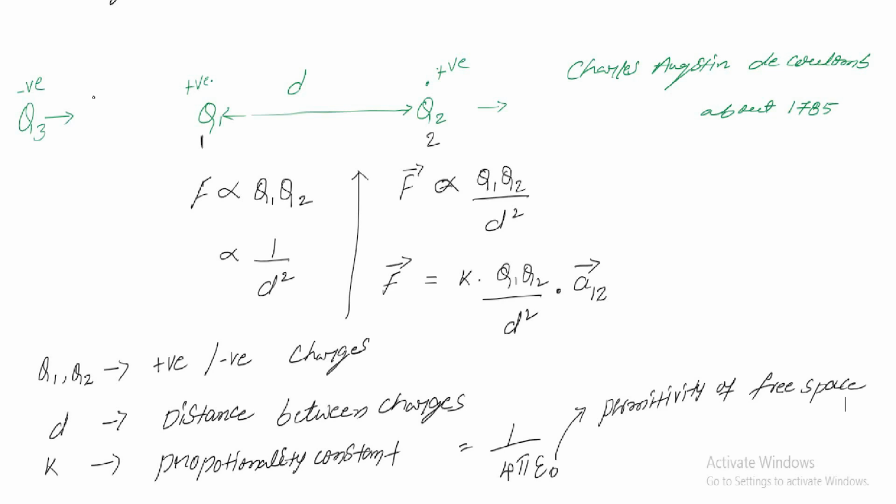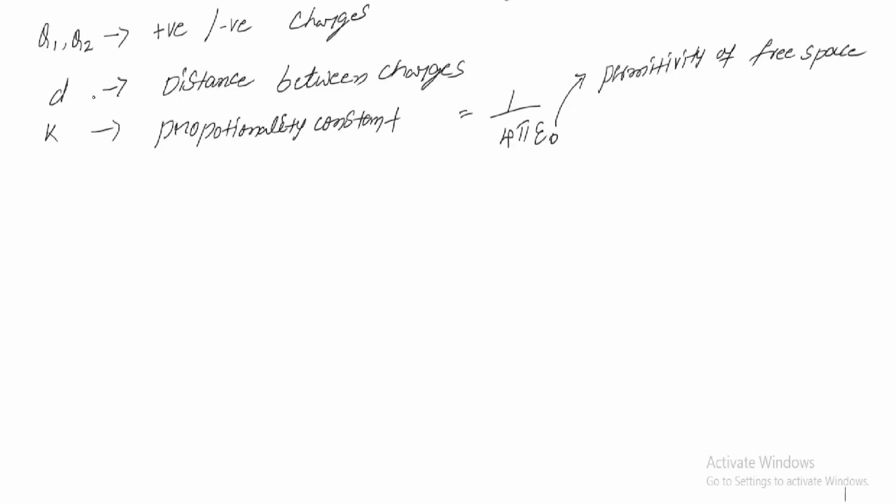Whose value is given as epsilon naught is equal to 1 by 36 pi into 10 power 9 farad per meter. So it is better to use this 1 by 36 pi into 10 power 9, which makes the calculations very easy.